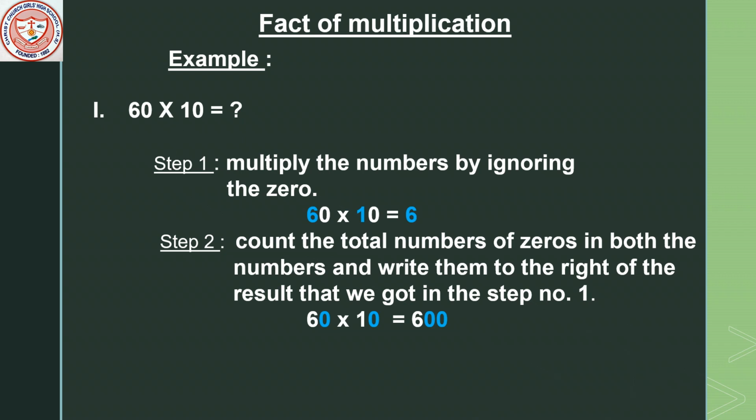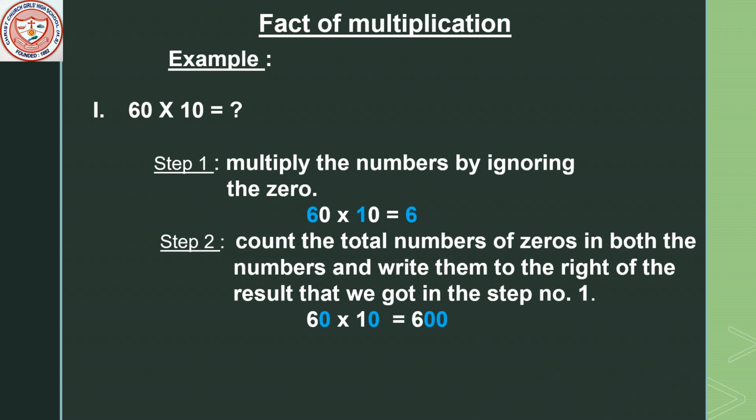Now, count how many zeros are there? Count. Yes, there are 2 zeros. So, write 2 zeros to the right of 6.